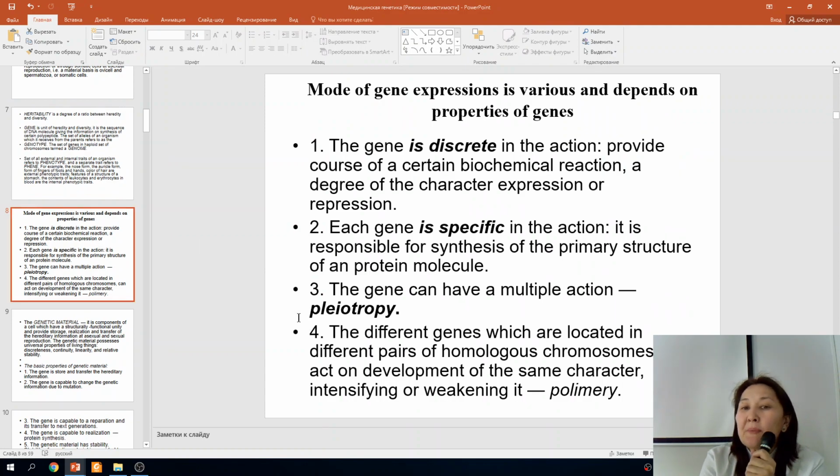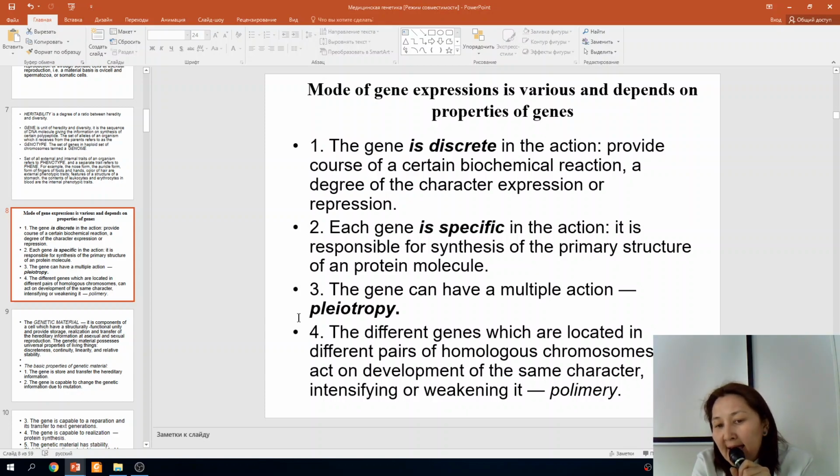Mode of gene expression is various and depends on properties of genes. The gene is discrete in its action, providing a certain biochemical reaction; the degree of a character's expression depends on repression. A gene is specific in its action, being responsible for synthesis of the primary structure of a protein molecule.